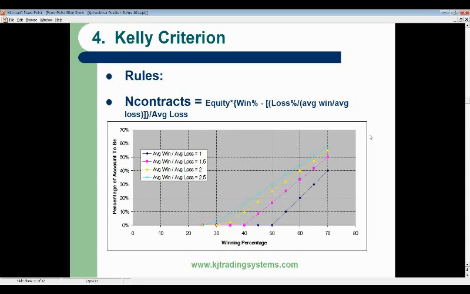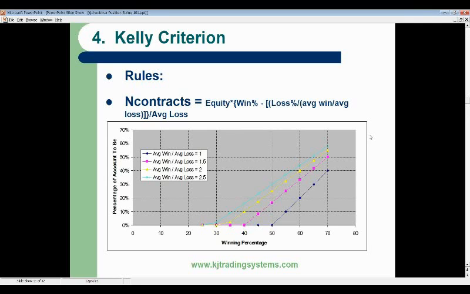And without getting too deep, somebody took it and applied it to trading. And really what you do is you take your average win percentage and the ratio of your average win to your average loss. And what this will do is it will give you the recommended amount of risk per trade that you should take on, percentage-wise.